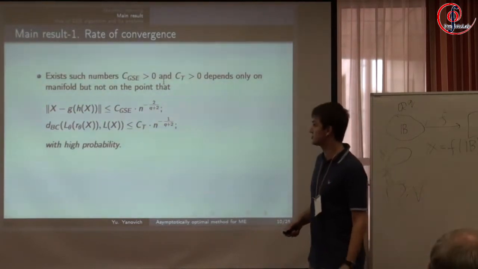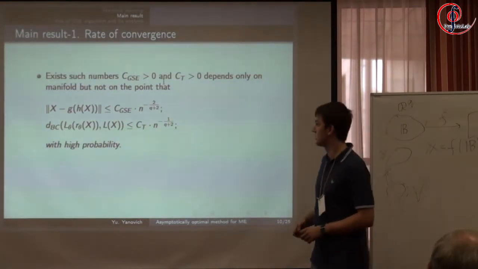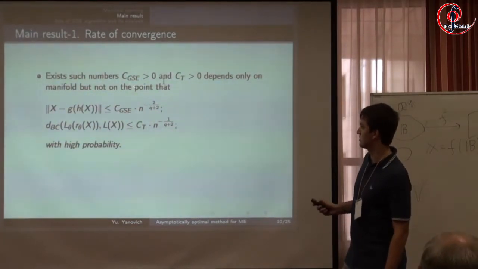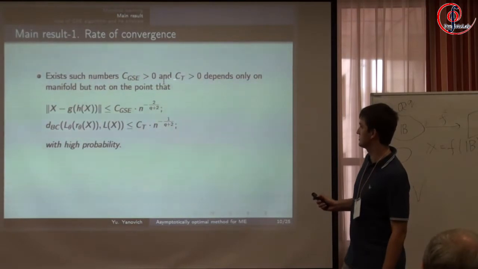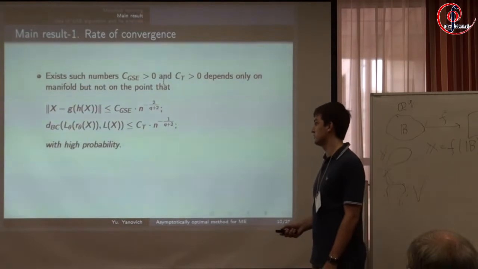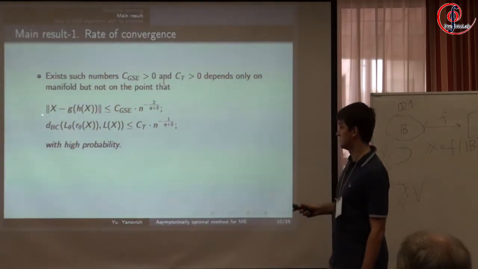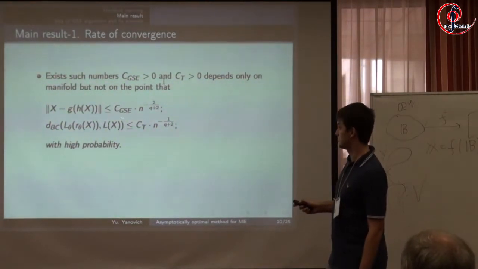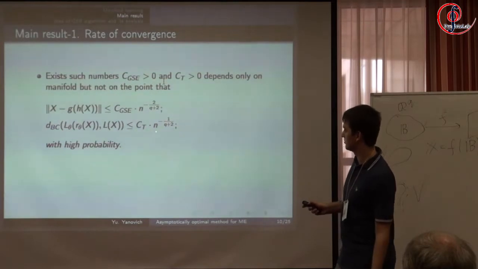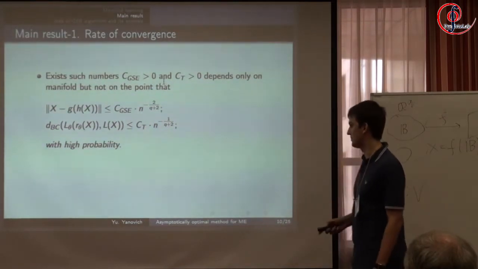The first main result is about the rate of convergence, and the following result holds true: there exist two positive constants, depending only on the manifold but not on the point on it, such that the reconstruction error is upper bounded by the following expression. The distance between tangent spaces, for which we use the Binet-Cauchy distance, is also bounded by the following expression.